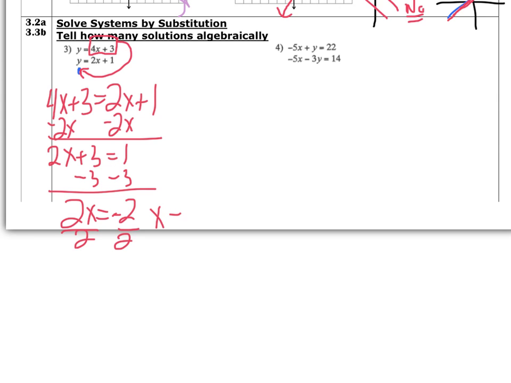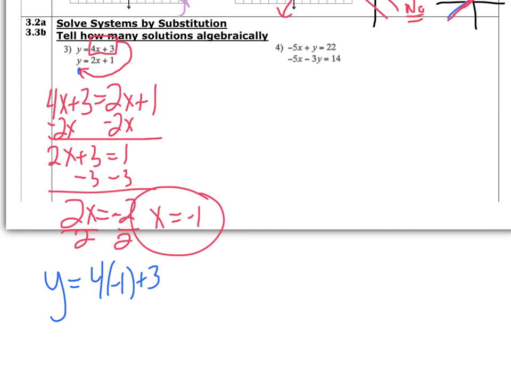We get x is equal to negative 1. So if x is equal to negative 1, now we finish it off by taking that value and plugging it back into either one of these two. I'll just put it back into this first one. So y equals 4 times negative 1 plus 3. If you simplify this, it's negative 4 plus 3, or negative 1.